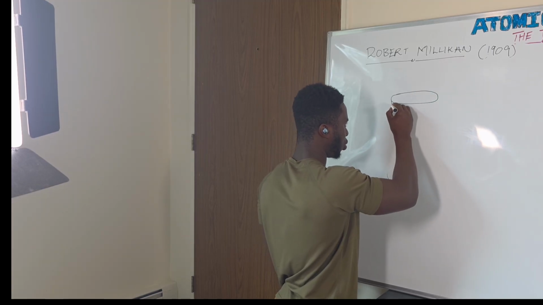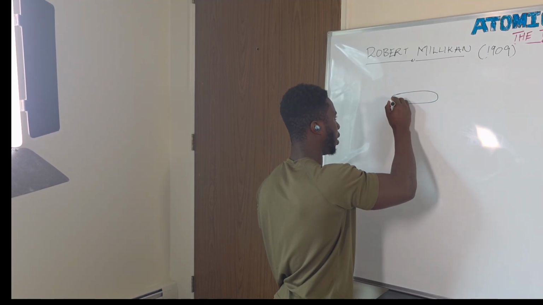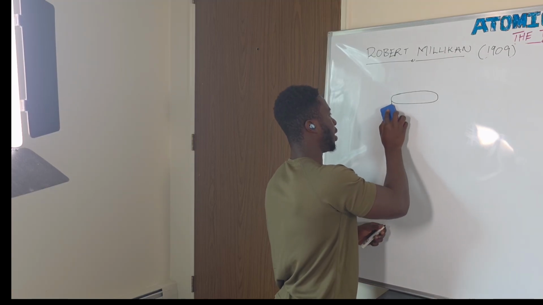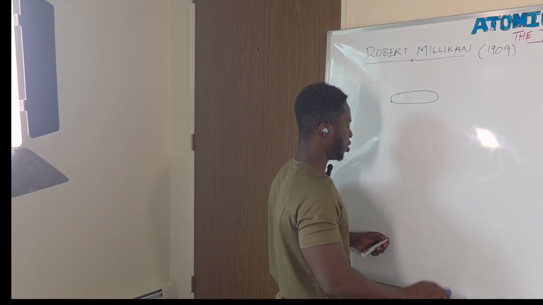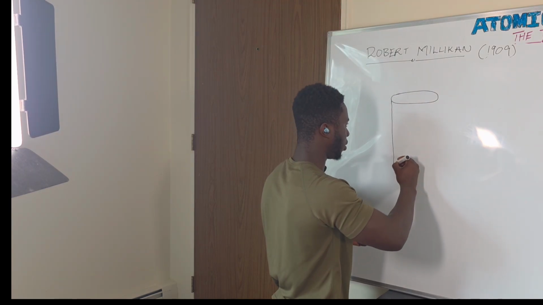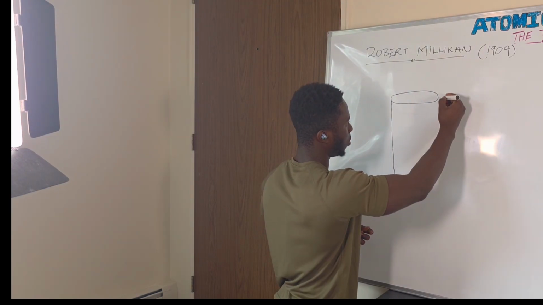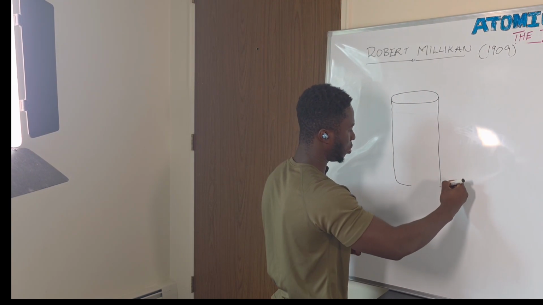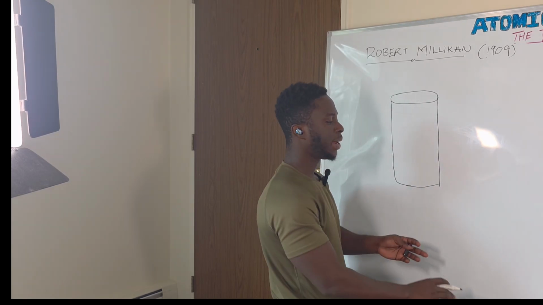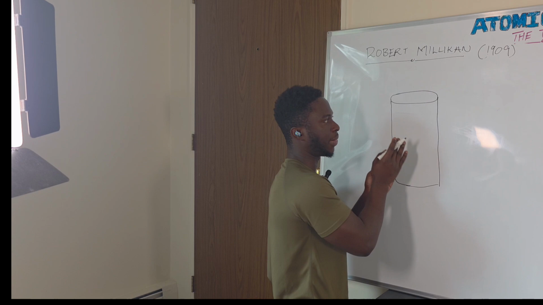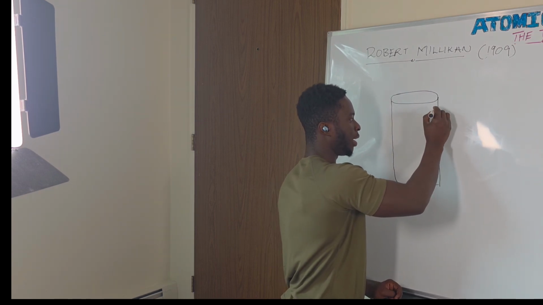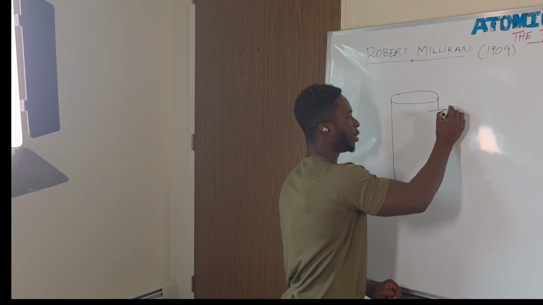Then let's go all the way down here. I don't have the straightest hands, so we're just going to go with what I draw. So he had a can like this, and on top of the can, he fixed an atomizer.